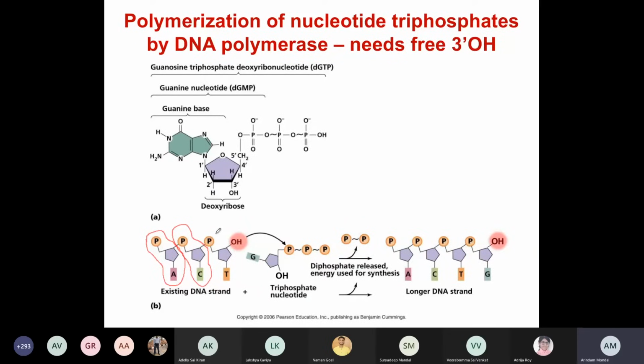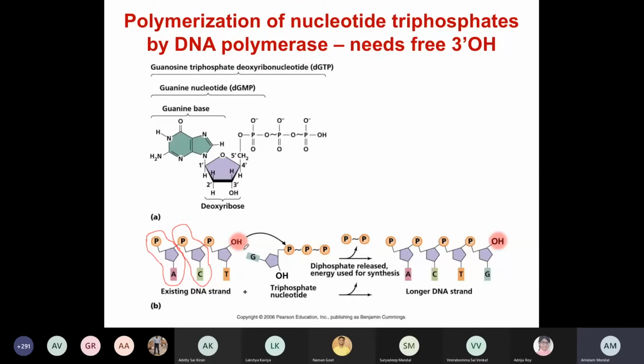So, as I have mentioned in the previous class, for any DNA strand, any chain of DNA, you should have a free 5' phosphate. So this is the free 5' phosphate, and on the other end you should have a free 3' OH. Here is the 3' OH.